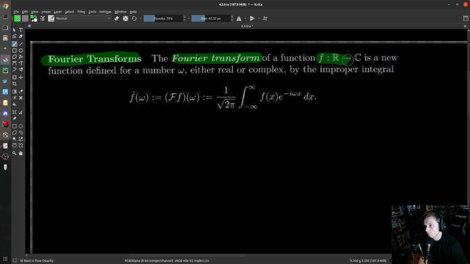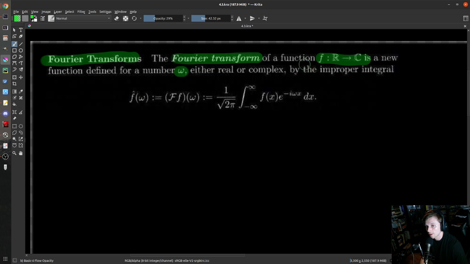You take a function f from R to C. Now, there maybe are some conditions you have to use to make sure that it makes sense to define them like this, but only for certain types of functions. But you make a new function defined for a new number, omega, either real or complex, in terms of the improper integral.